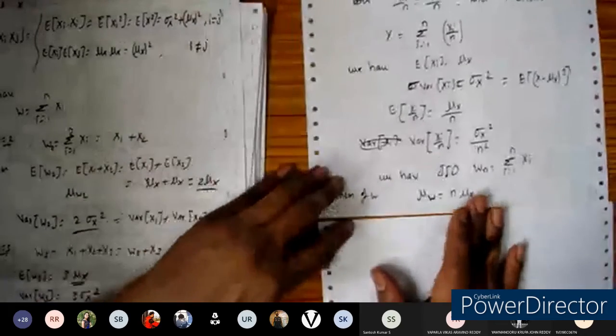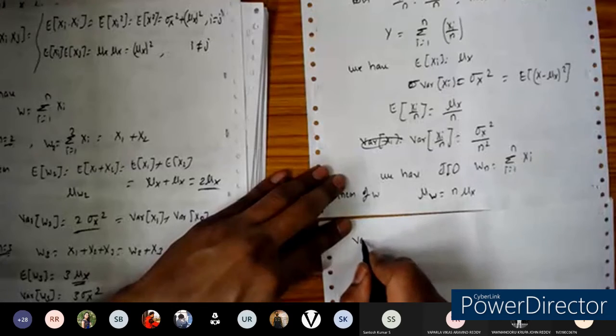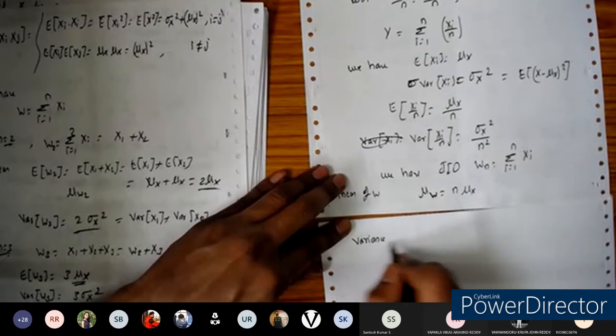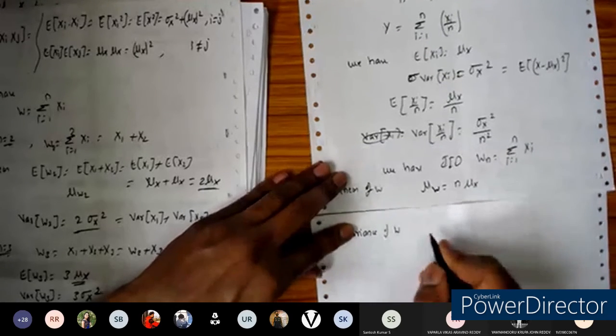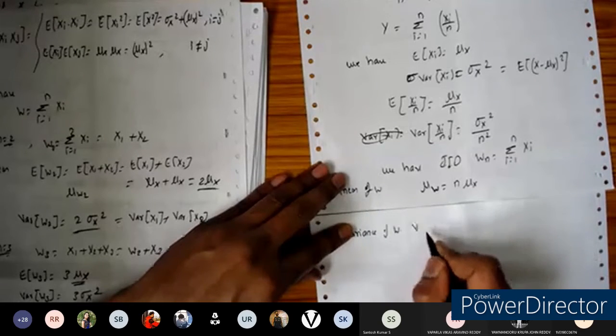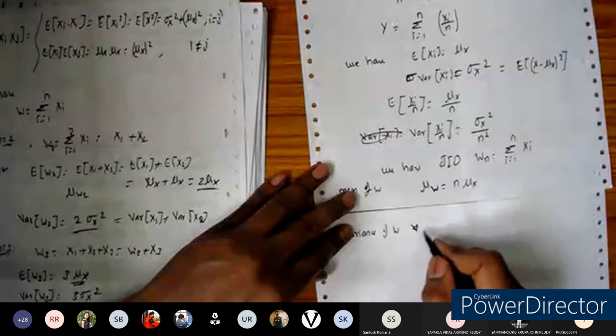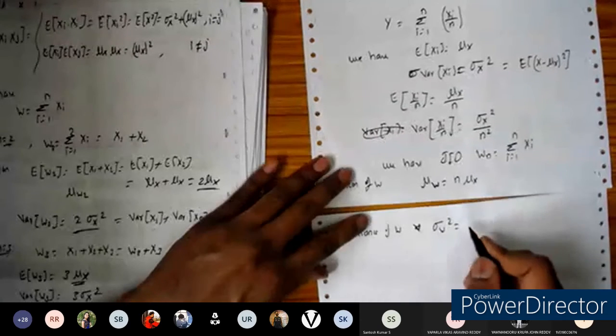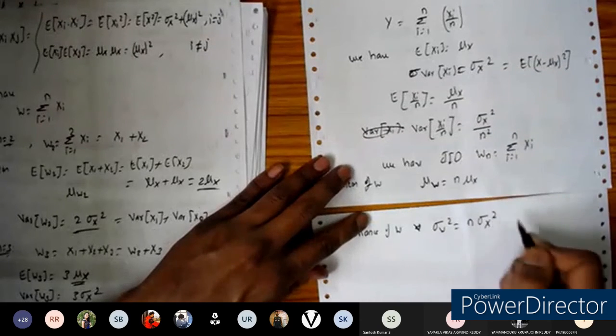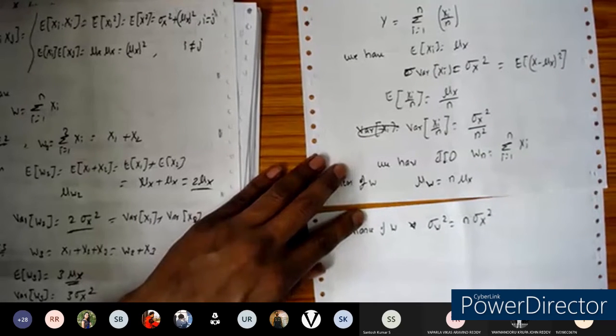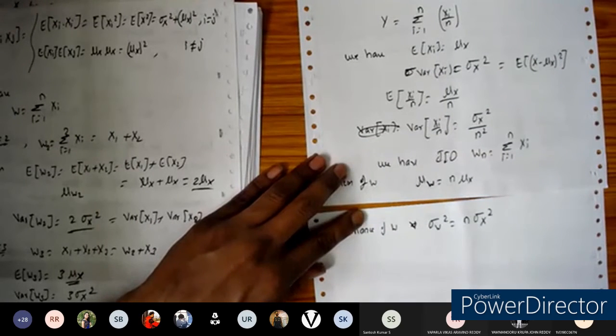Similarly, we have the variance of w, the variance of the IID random variable w. We can call this sigma w square, and it will be equal to n into sigma x square.